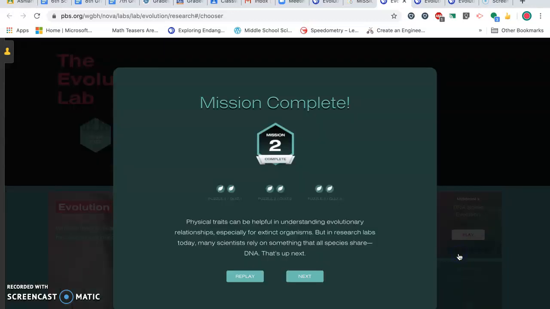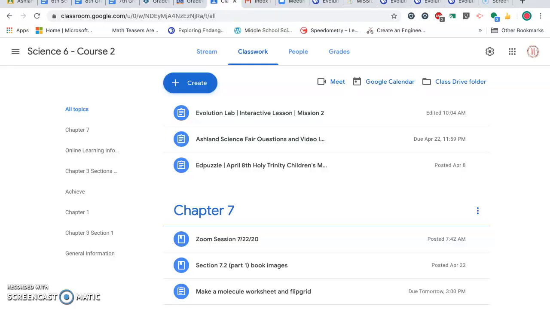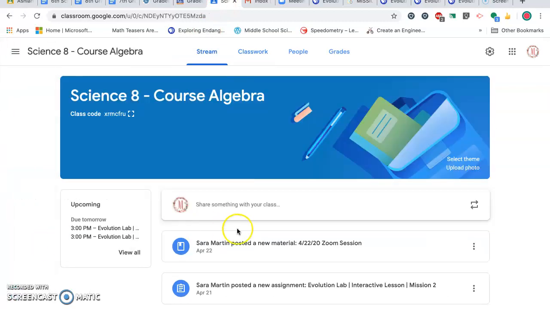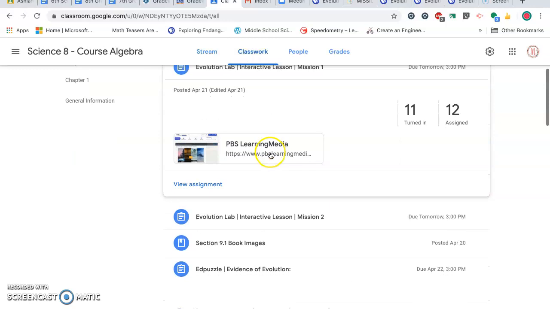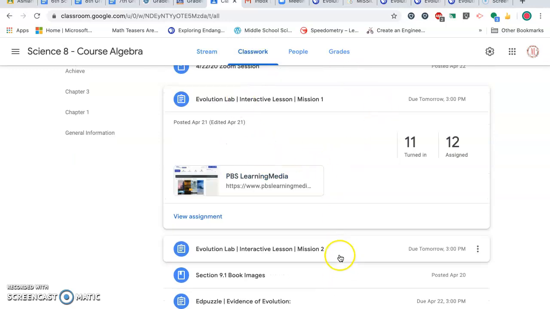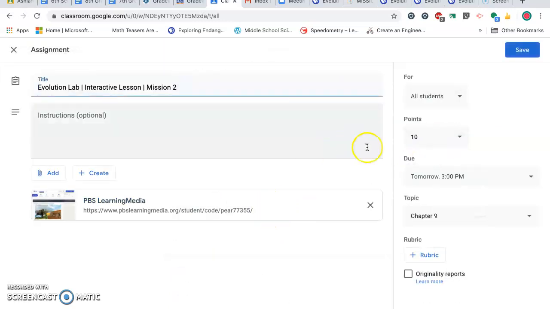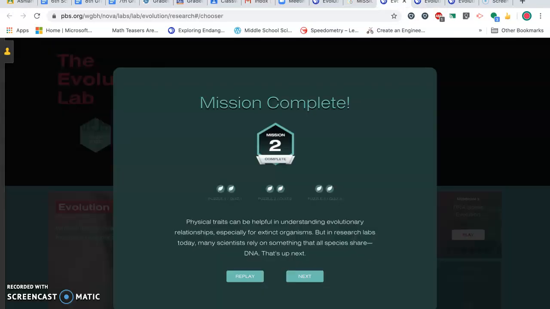You can screenshot one of two things and attach it to the assignment on Classroom. So I have listed assignments on Google Classroom here. Let me bring you guys up. So here are your missions right here. This is mission 1, this is mission 2. So when you go into the assignment, on this assignment, I want you to attach, to add to it, a screenshot of either, where was I?